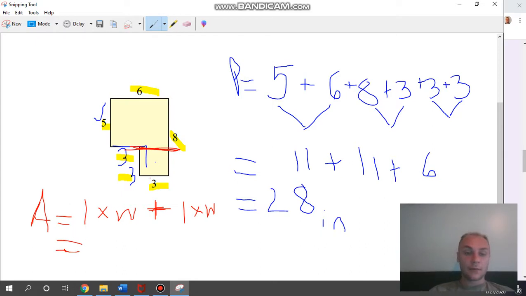Now, for the first one, we're going to use 3 times 3, okay? Because that is how we would find the area for this little guy right here. So 3 times 3 plus length times width, 6 times 5.